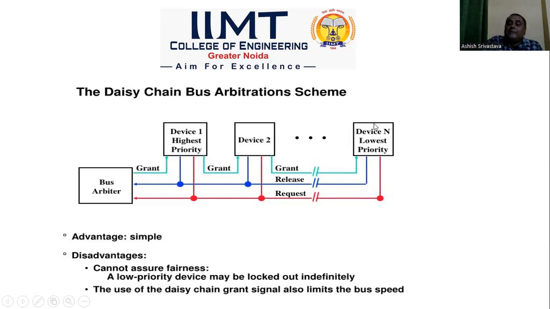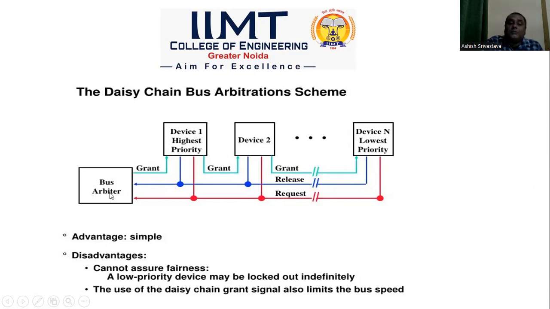We have arranged the devices from higher priority to lower priority. The bus arbiter grants the highest priority device 1 access to the bus first, then grants the second device, the third device, the fourth device, and so on, giving the last grant to the lowest priority device.